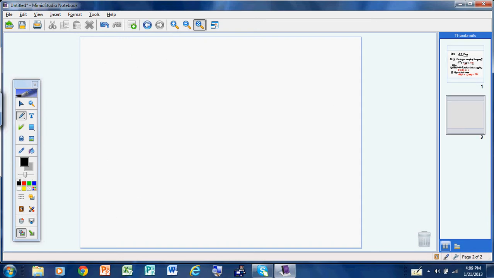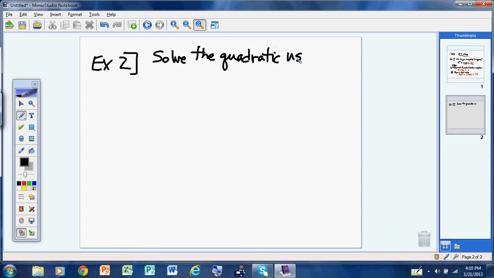Okay. A second example that they have us do is shown on your sheet. Example 2 says, for instructions, solve the quadratic using the square root property.